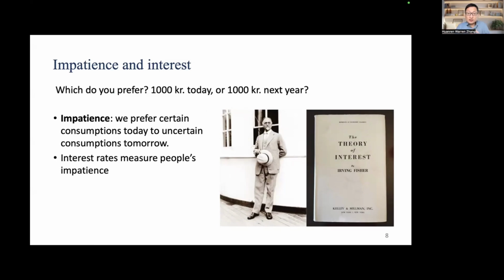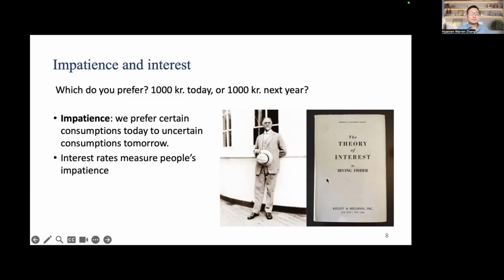And the interest rate that you pay people in order to induce them to wait, so that they save the money for a bigger amount of money later, is a measure of people's impatience level. The idea of interest was famously introduced and discussed by Irving Fisher in this book, The Theory of Interest.